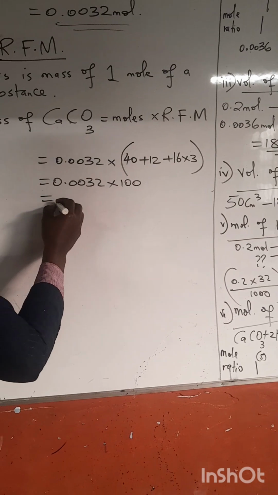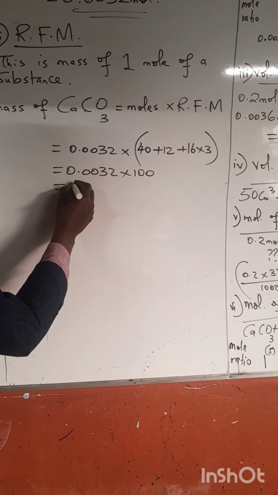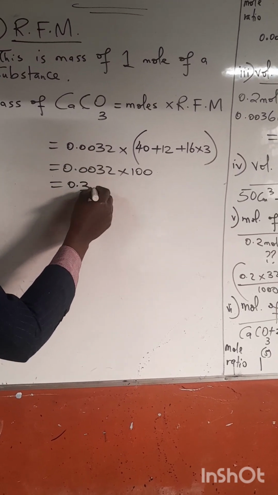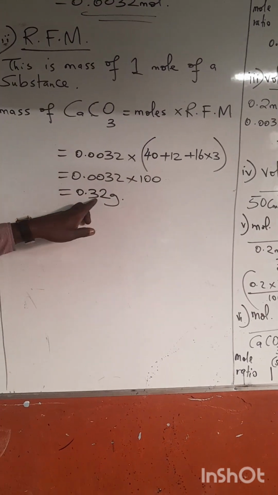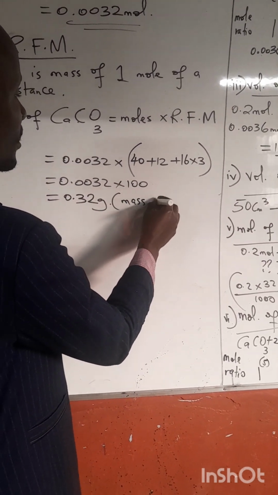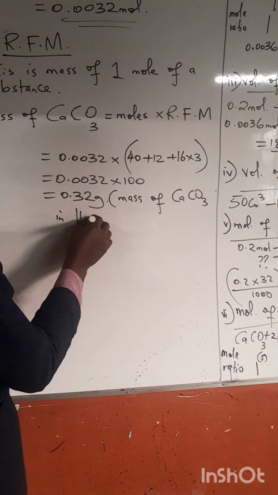Now get me this mass. 0.32 grams, isn't it? This is the mass of calcium carbonate in the sample. Mass of calcium carbonate in the sample. Alright?